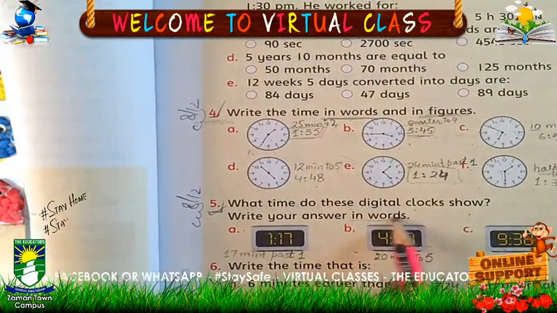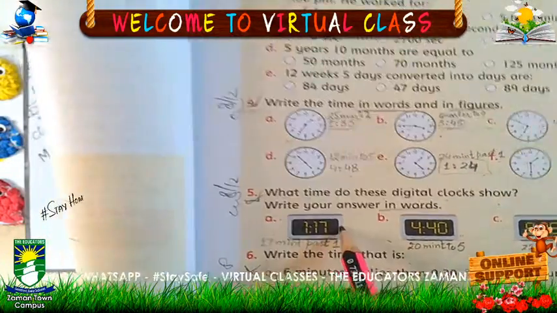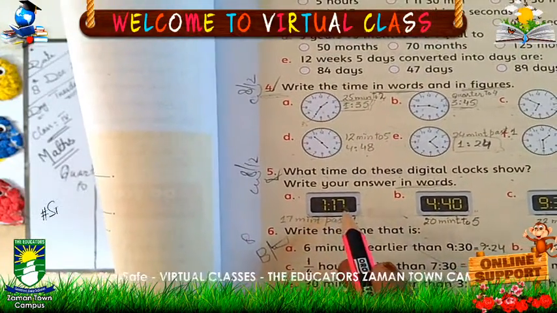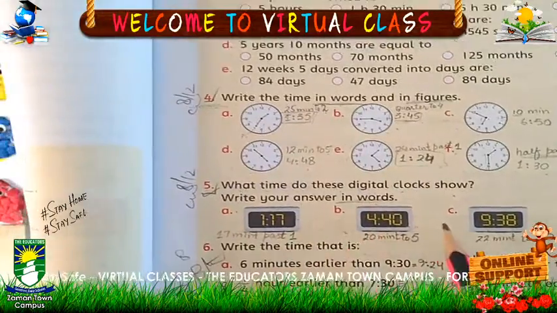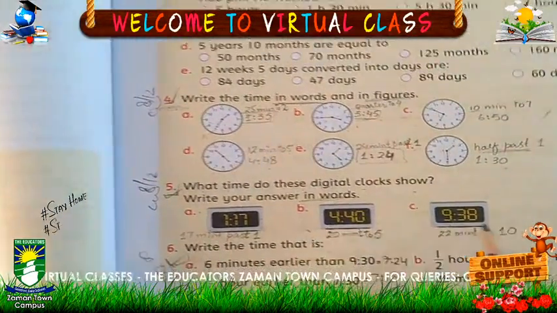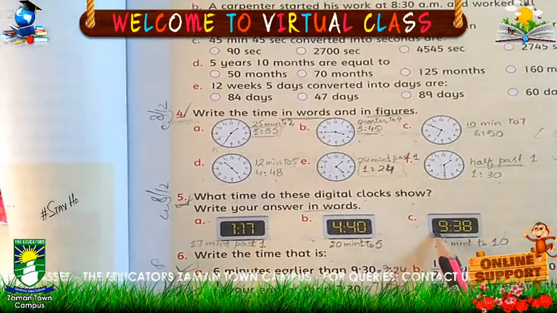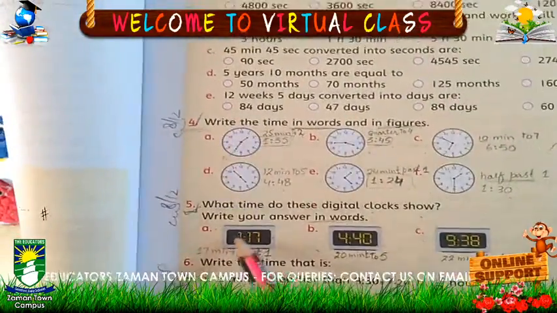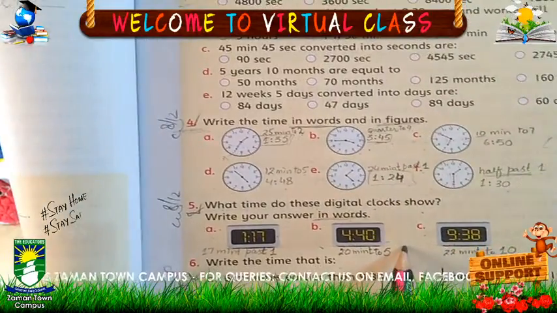We only have to write in words because digits are already available in the digital clock. The first is 17 minutes past 1. Okay. B is 20 minutes to 5. And C is 22 minutes to 10. Okay. We have two exercises. You all have to do both of these exercises in your copy.